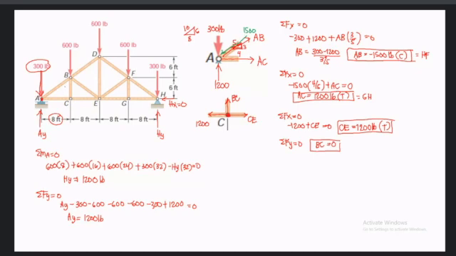Or para maging mas magandang tingnan. Yun lang yung purpose niya ni member BC. So, ang tawag dyan, redundant member. Alam niyo redundant member. So kahit wala siya, magiging under equilibrium pa rin yung truss natin.